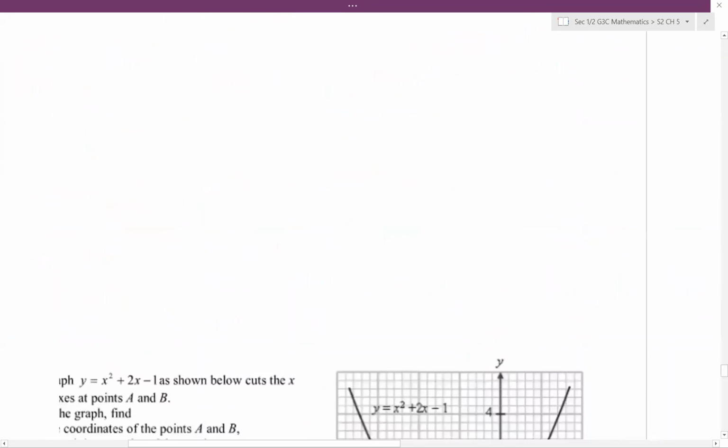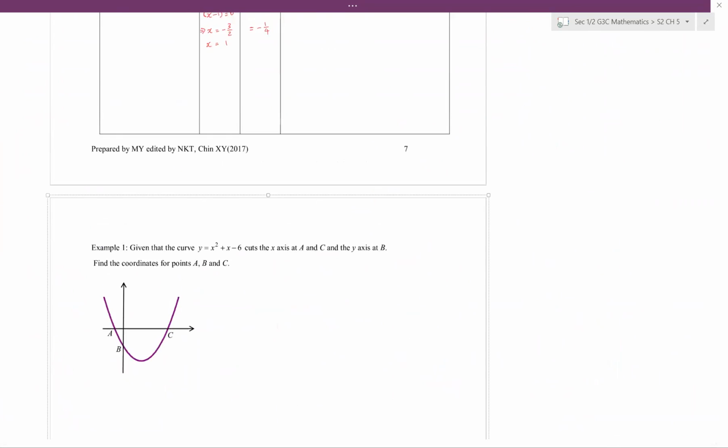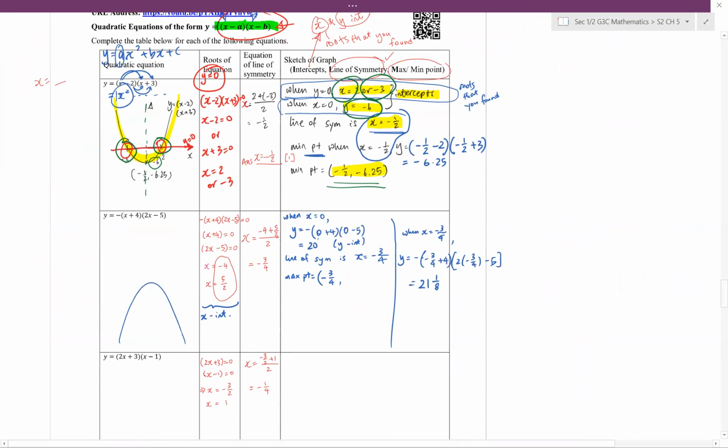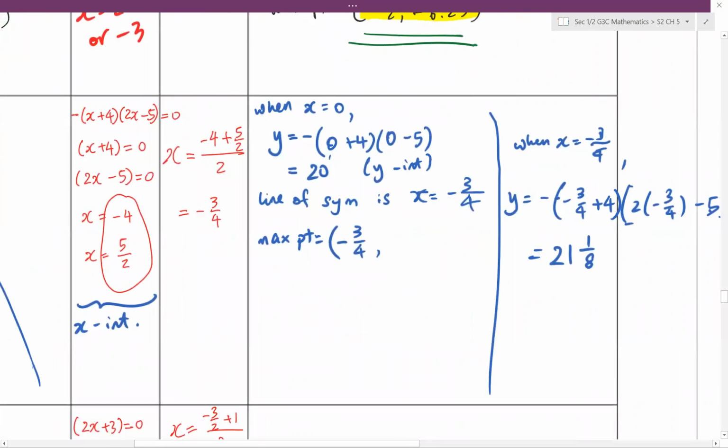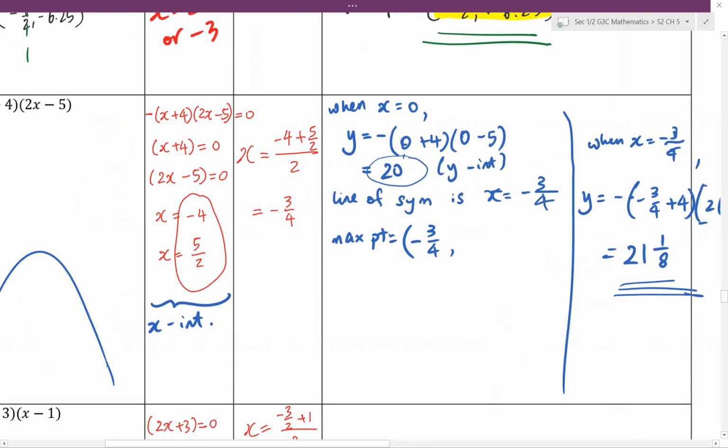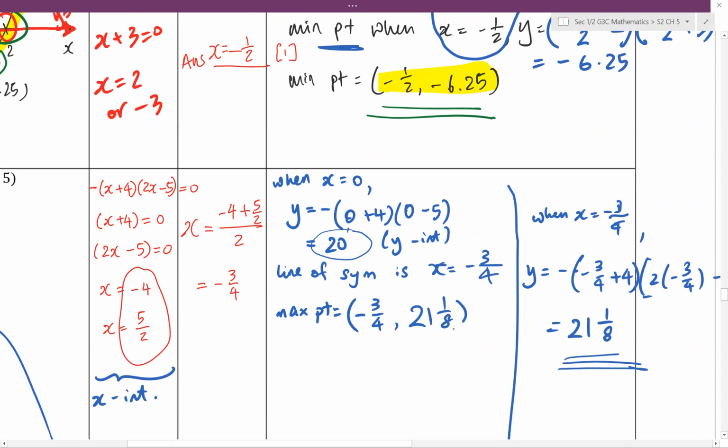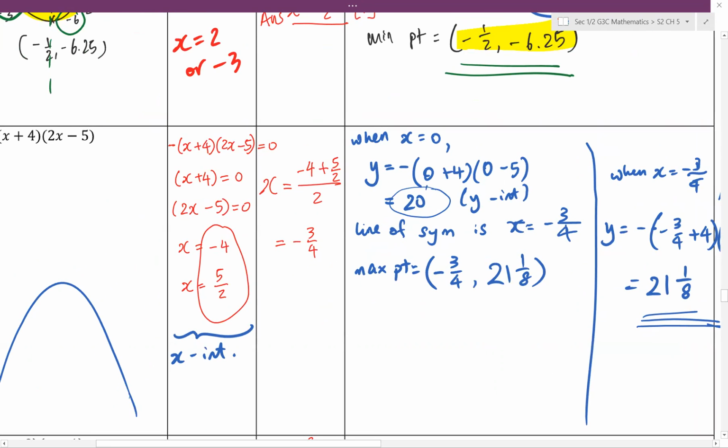What is my y-intercept? Oh, my y-intercept is 20. The reason I got concerned was because this is a very big number. Because I forgot my y-intercept is actually 20. So 20, 21 and 1/8 rather close. So now our maximum point is 21 and 1/8.